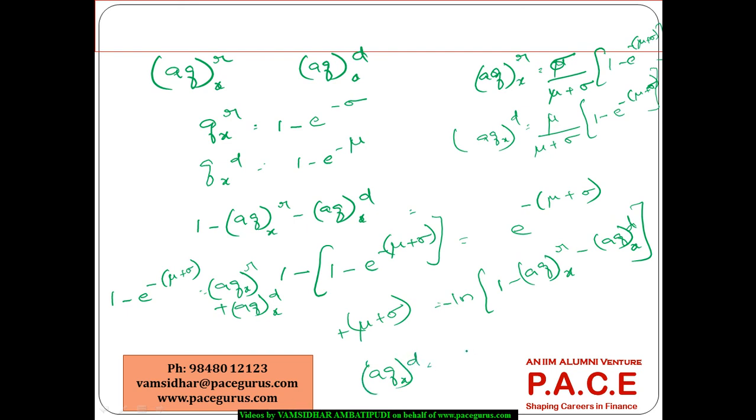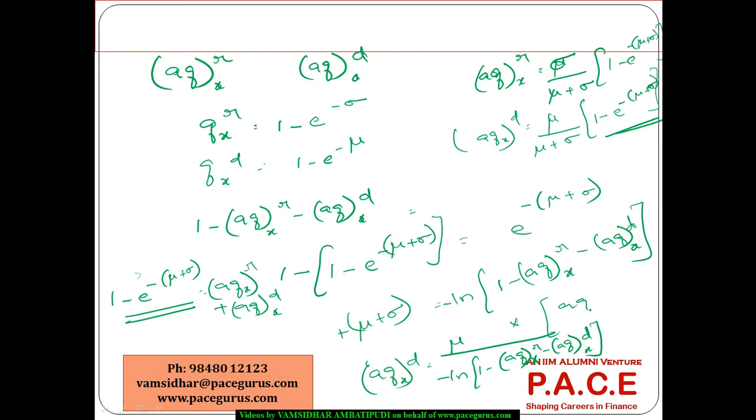So from here I can say aqx of D is nothing but mu by (mu plus sigma) into 1 minus e to the power of minus (mu plus sigma), which is nothing but this part.